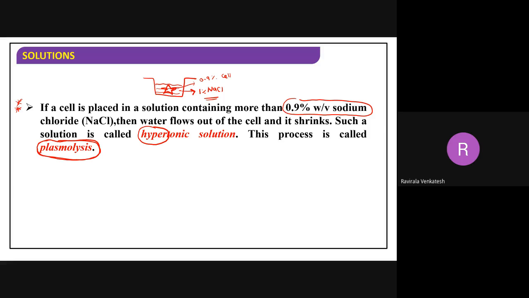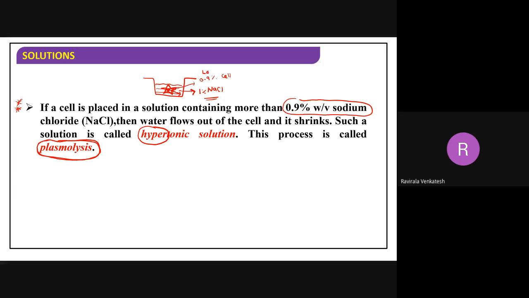When you place a blood cell in a salt solution having 1% of NaCl, the solvent will flow from cell to salt or salt to cell, beta? Tell me fast. Cell to salt. Whatever water is contained in this cell goes into the salt solution.